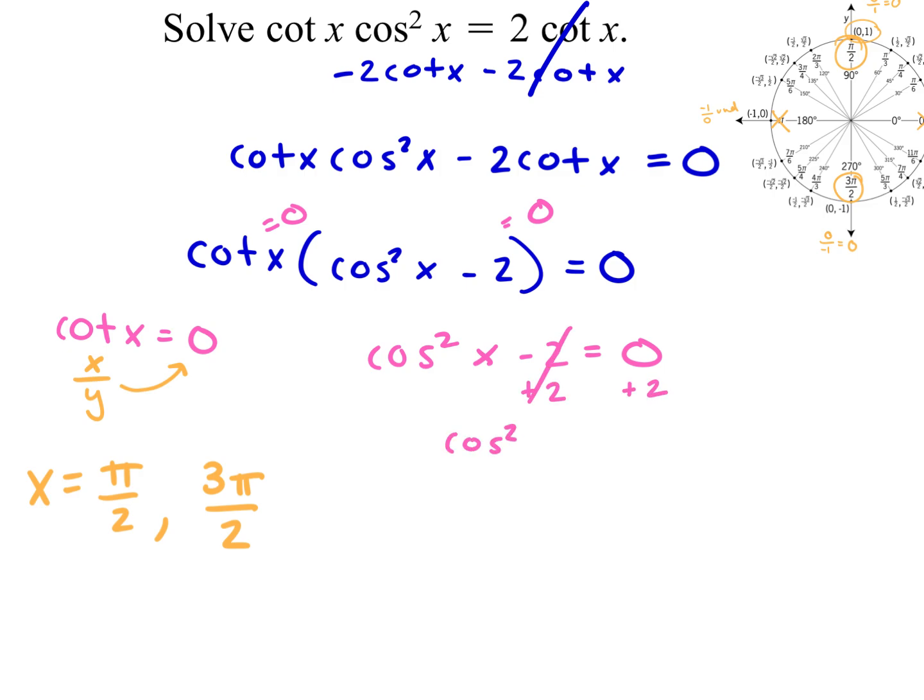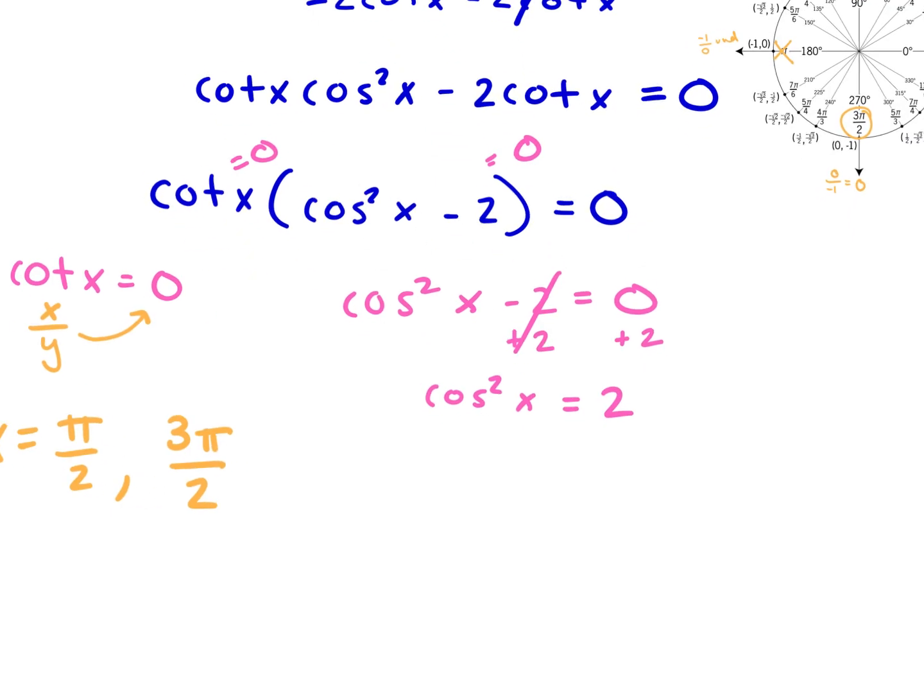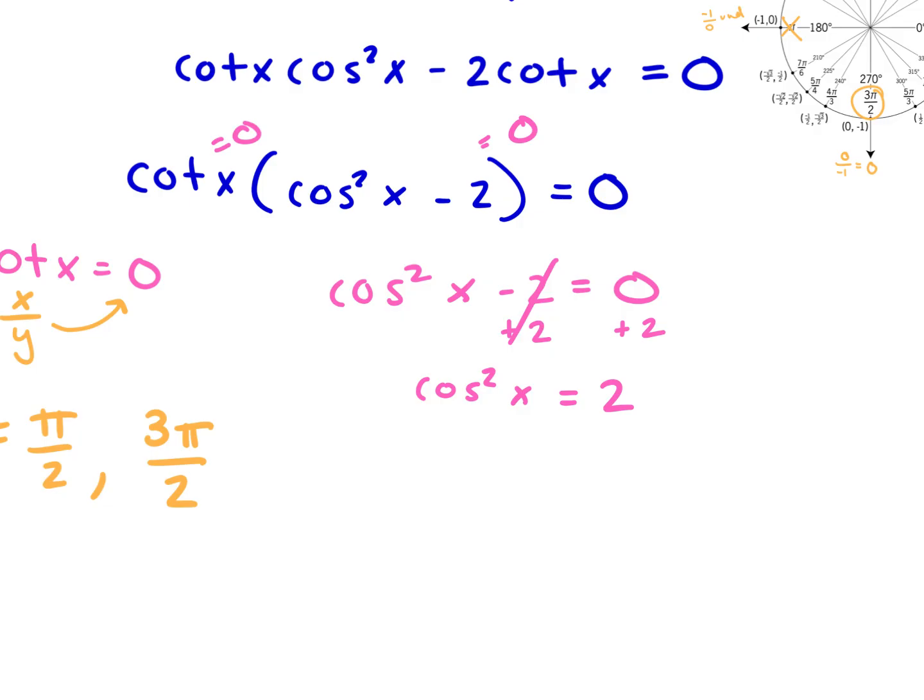So cosine squared equals 2. What should we do next? Square root both sides. So cosine equals what? Plus or minus square root 2.